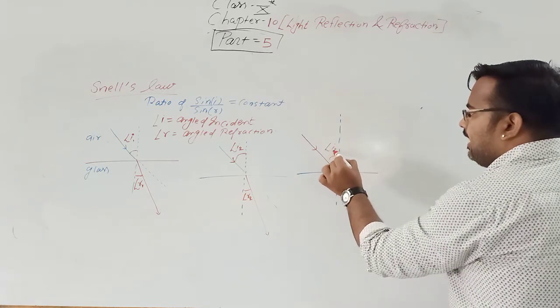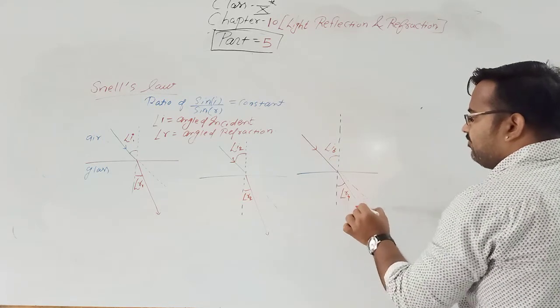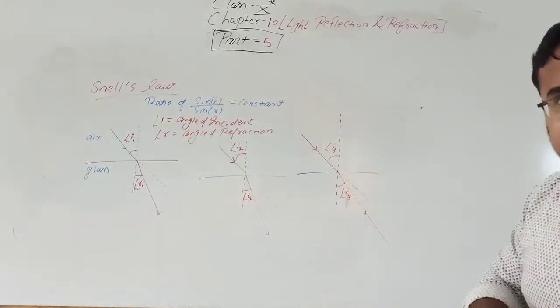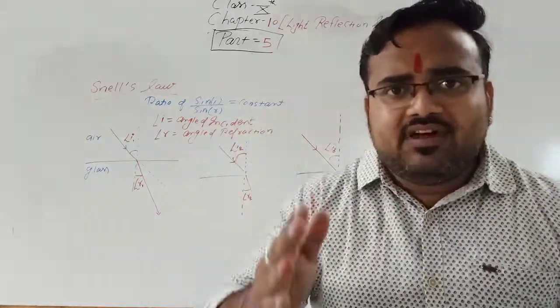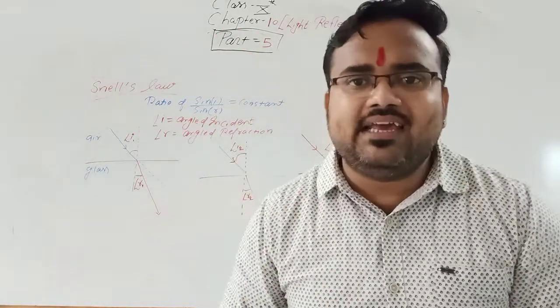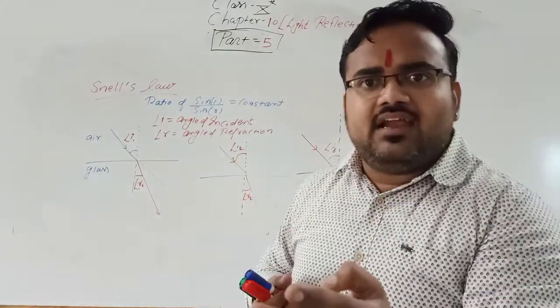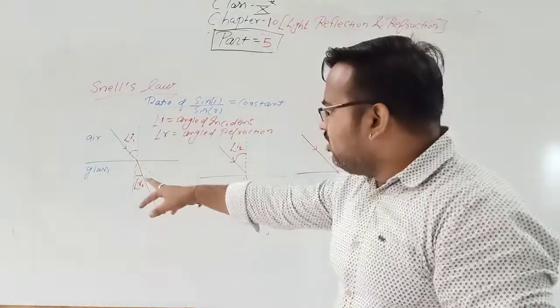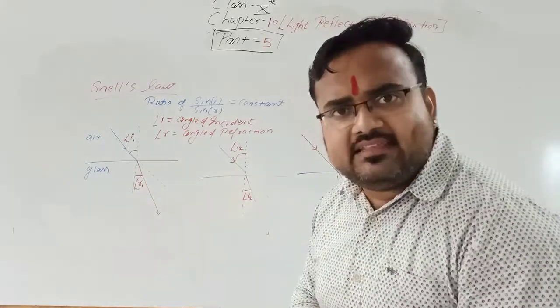This would be I3 and R3. So Snell's law says that whenever you increase the angle of incidence, the angle of refraction automatically increases. If we increase the angle of incidence, the angle of refraction also increases.